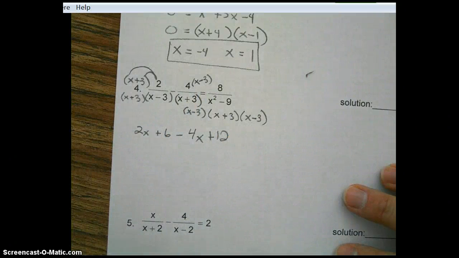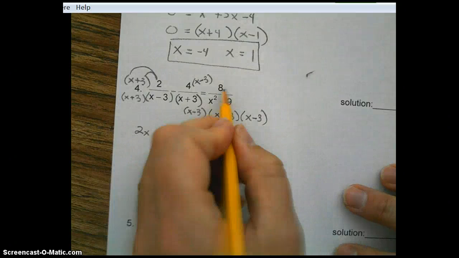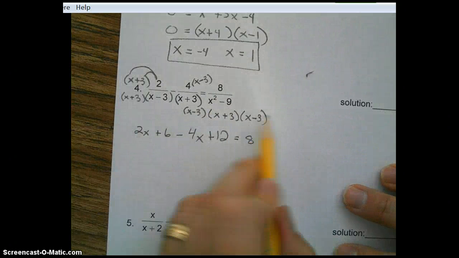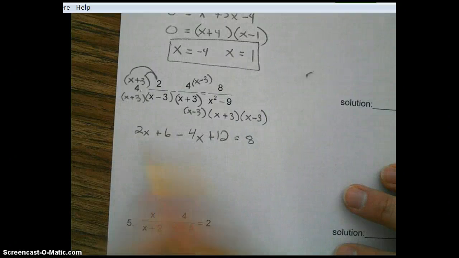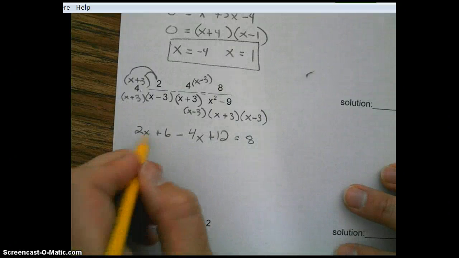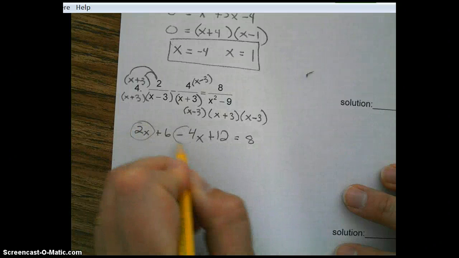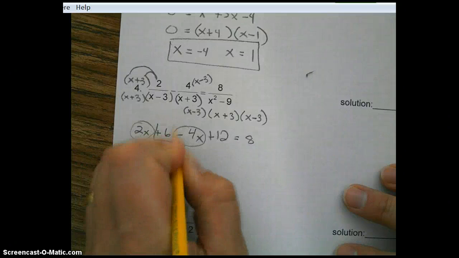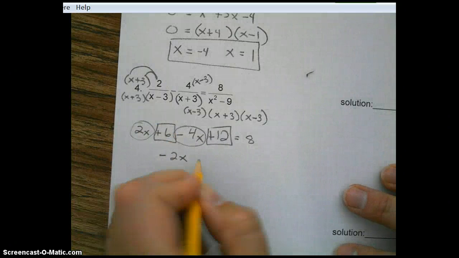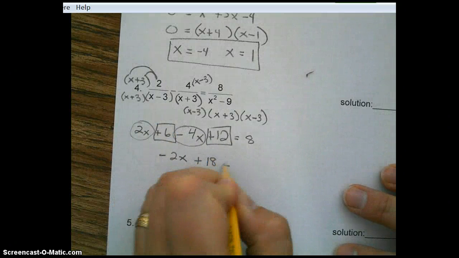Be very careful, please. Equals 8. Denominator cancels. We have this. So combining like terms, we get negative 2x. Combining like terms, we get 18.